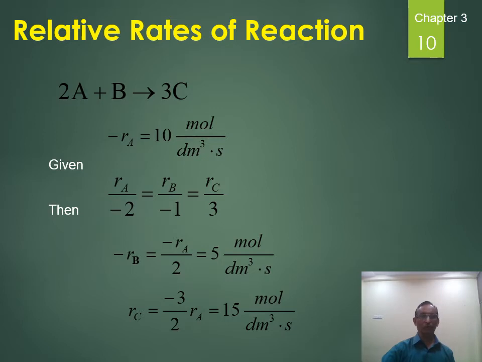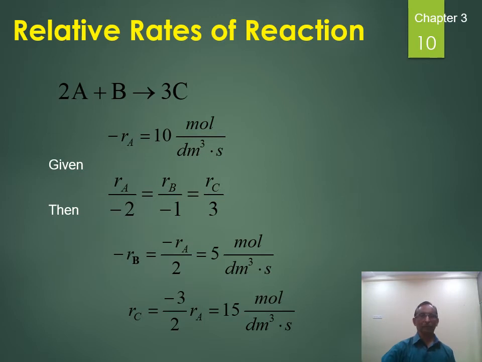Minus rA divided by the stoichiometric coefficient of A, that is 2, equals minus rB divided by the coefficient of B, that is 1, equals plus rC, with the plus symbol because C is forming, divided by the coefficient of C, that is 3. So minus rA/2 equals minus rB/1 equals plus rC/3. Then you can compare the way it is asked in the examination.